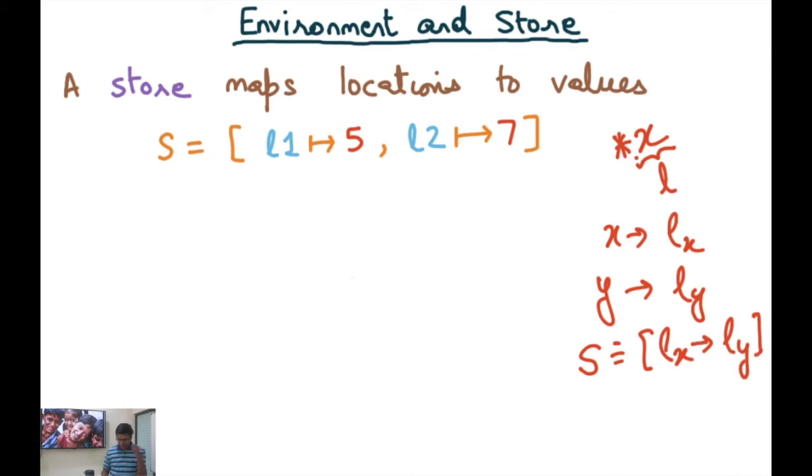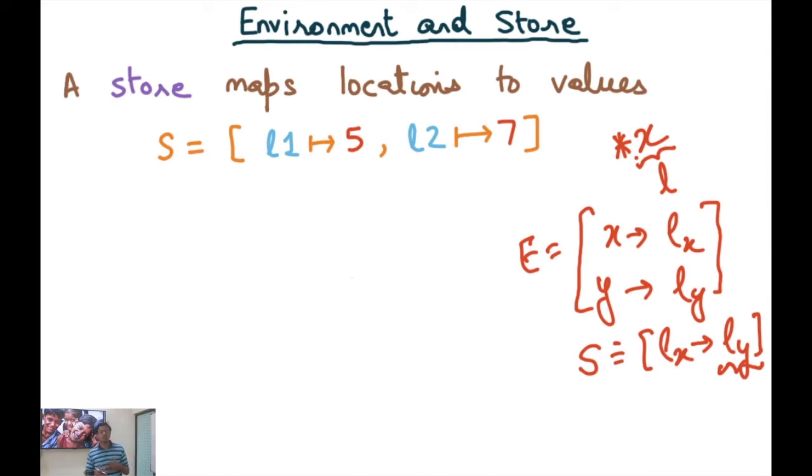So in this configuration I have star x equals y, because y is pointing to Ly in the environment, and x is pointing to Lx, but in the store, Lx is pointing to Ly. So Ly is the value.